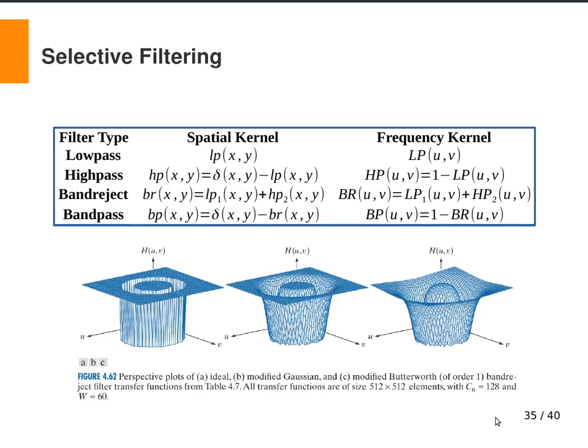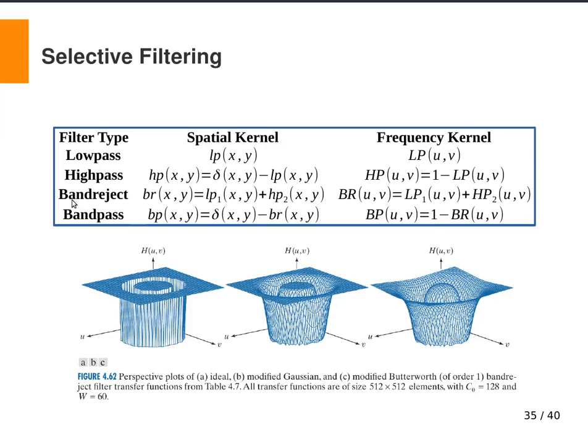This table is something that I borrowed from a previous lecture, and that was showing the correspondence between spatial kernels and frequency kernels. We already saw the low pass kernels in the spatial and frequency domain, and also we already saw the high pass kernel in the spatial and frequency domain.